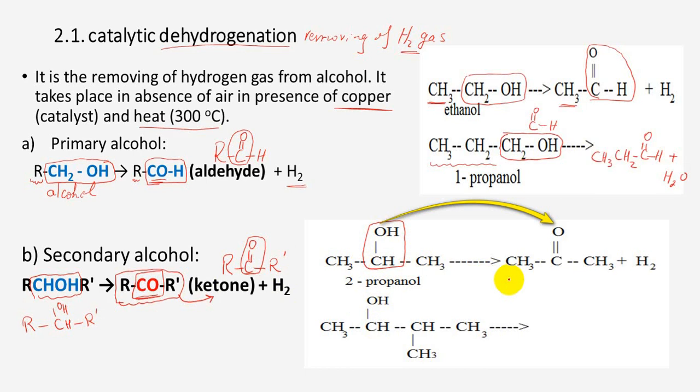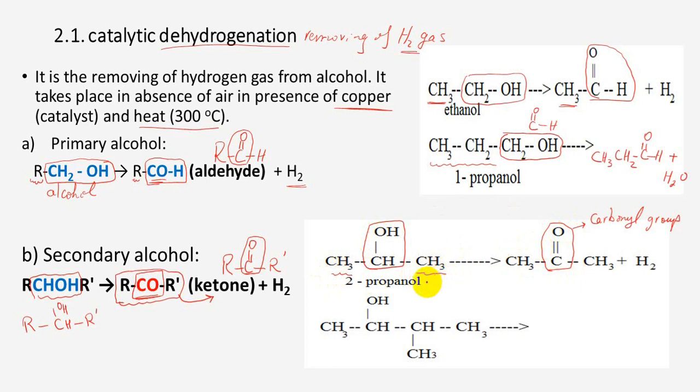As we see, the carbon containing the hydroxyl group is changed into a carbonyl group. C double bond O is known as the carbonyl group. As we see, CH OH is changed into C double bond O. The other part of the alcohol molecule remains the same.